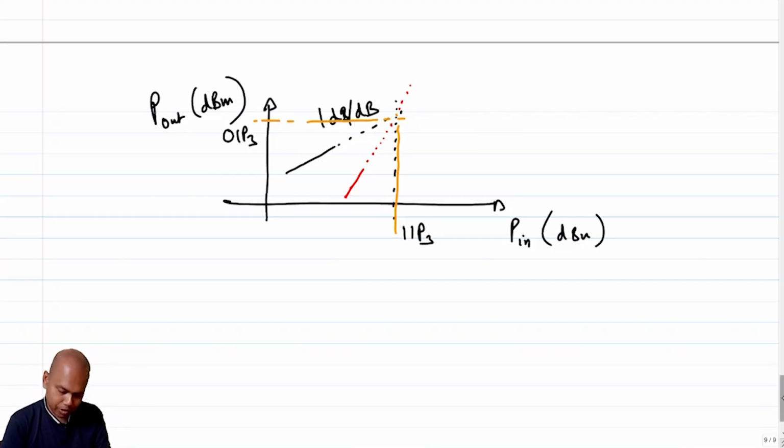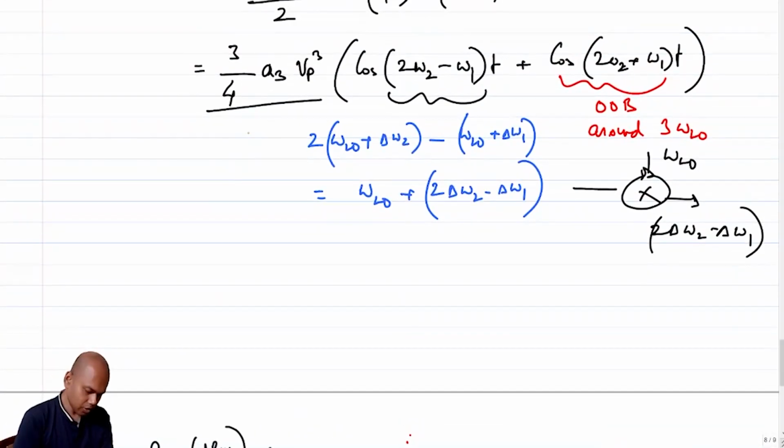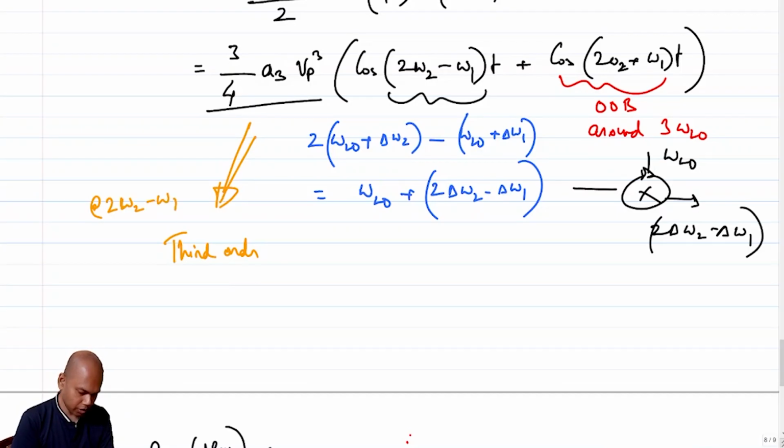By the way, I skipped one step here. This term at 2 omega 2 minus omega 1 is called third order intermodulation, or IM3.